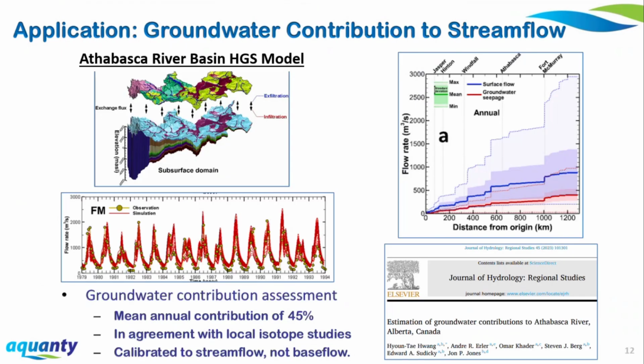So this is more of a classic example of calculating groundwater contribution to stream flow. This application is most similar to the use of a traditional groundwater model. This model was used to calculate the groundwater contribution to the Athabasca River in northern Alberta, Canada, for the whole basin. But instead of calibrating a groundwater only model to base flow, the integrated hydrologic model can be calibrated to total stream flow.